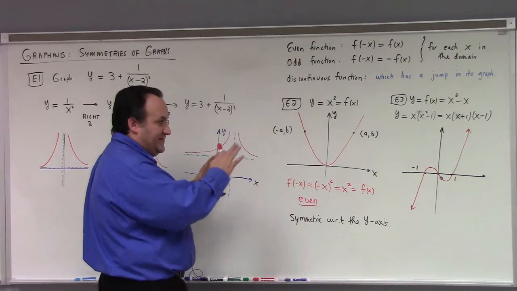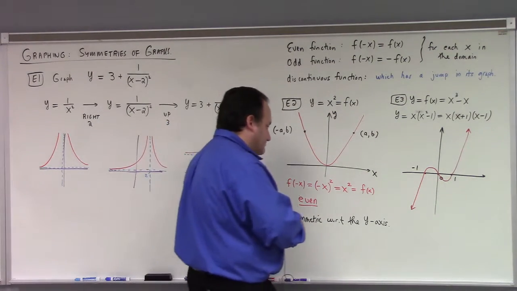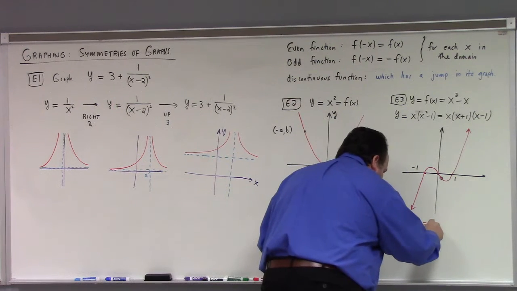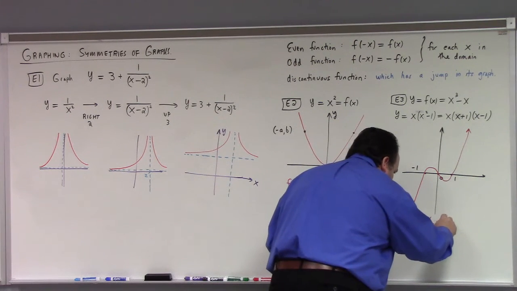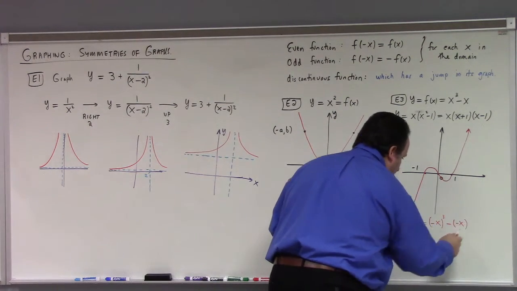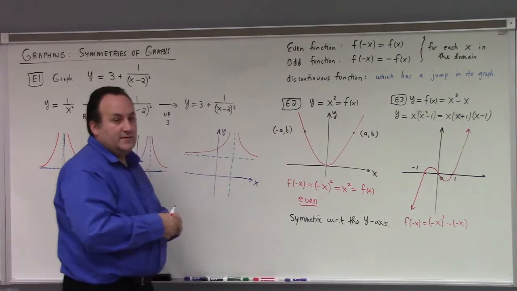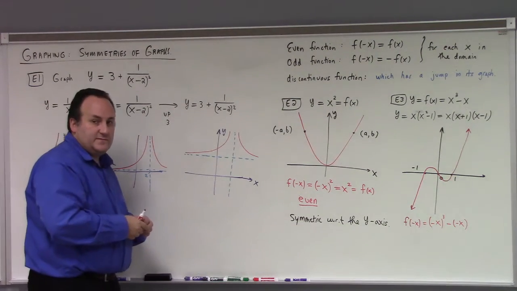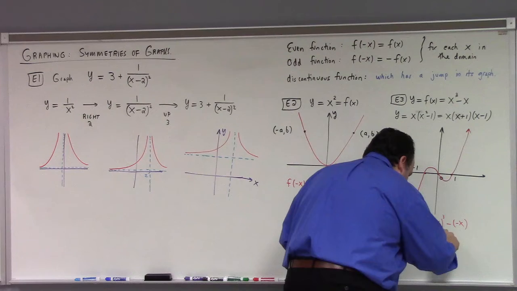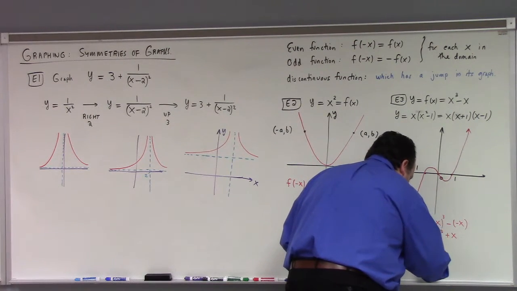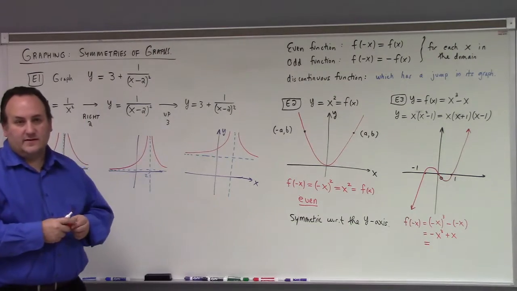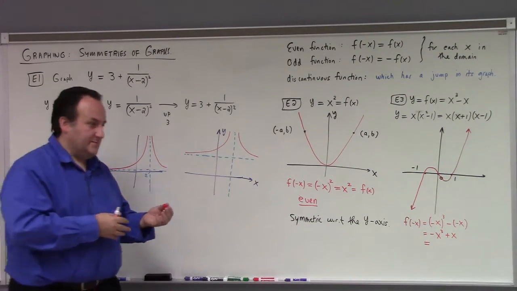What is f of minus x here? F of minus x is what? It is minus x quantity cubed minus a minus x, right? So I just put in minus x in the place of x. What is minus x cubed though? So what you got here is minus x cubed plus x, right? Minus minus is a plus, but notice then you can factor out a minus here.